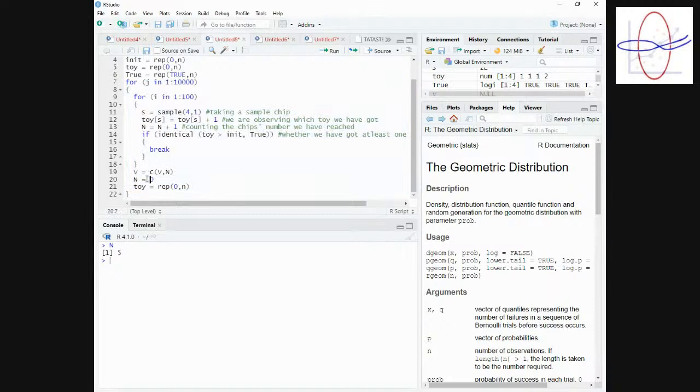And every single time after the experiment, V is actually storing the number of steps. J is the number of experiments, doing the experiment again and again.